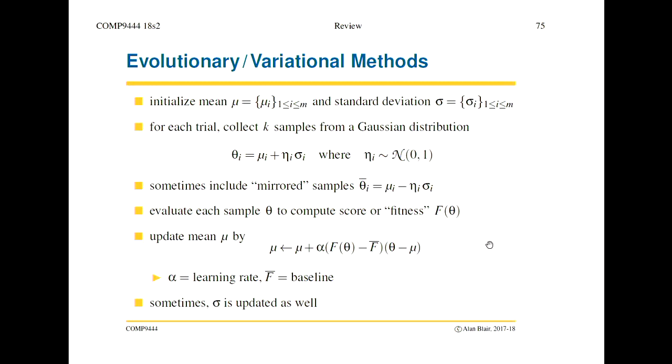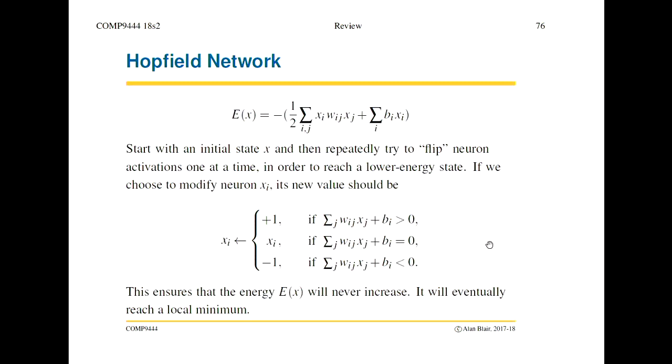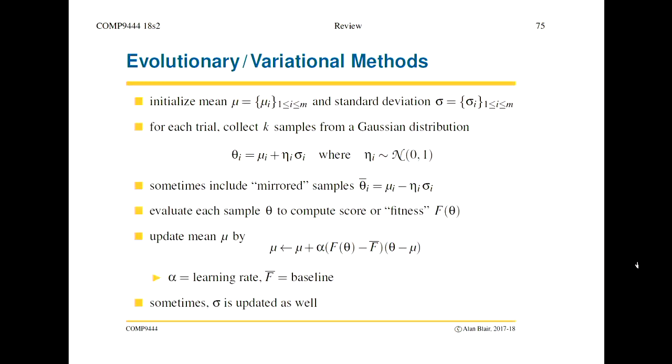If it gets a particularly low fitness, you actually move backwards away from it. This was applied to MuJoCo and humanoid walking and various other things, and it was parallelized across 1,440 cores.